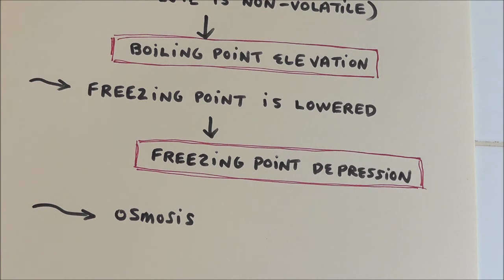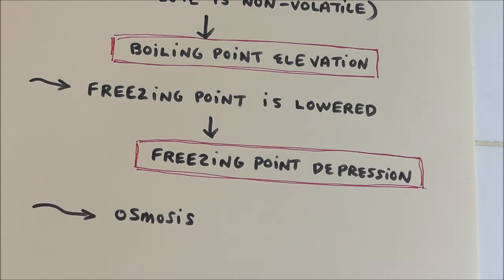Well, osmosis is extremely important, but when calculations are at issue like we're having today, we're going to actually do a lot of predicting boiling points and freezing points of things. Mostly a lot of key calculations involve boiling point elevation and freezing point depression.